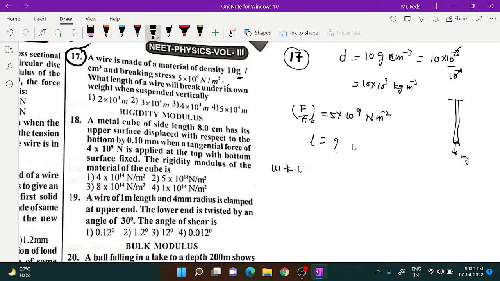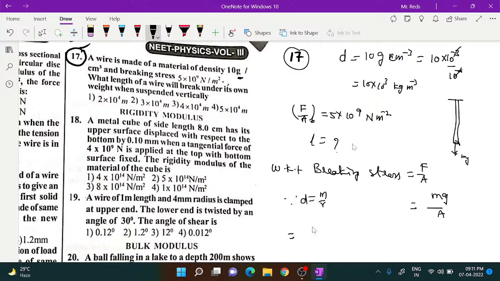Breaking stress is nothing but stress. What is the formula for stress? Stress is force by area. So breaking stress is equal to force by area. Here force which is acting on this is nothing but its weight mg by area, right? Here m can be expressed as, because density is equal to mass by volume, mass equals density into volume.